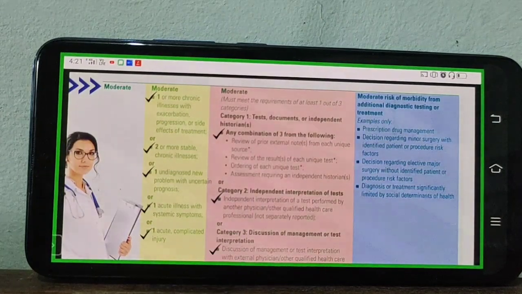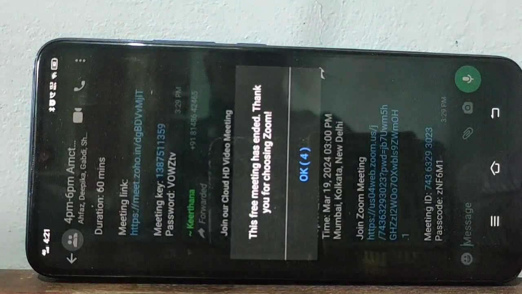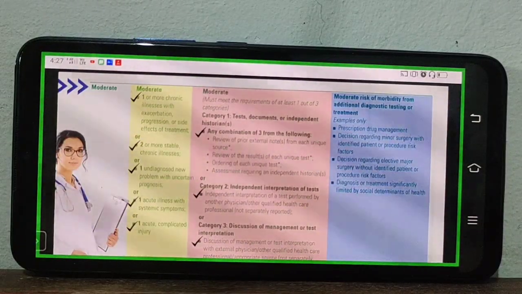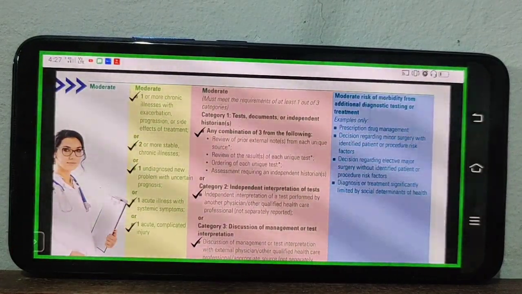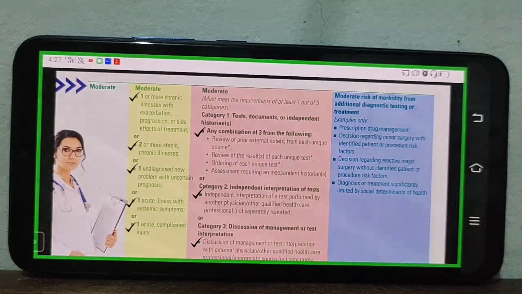First category 1. Check that there are 3 categories in moderate MDM. In those 3, I need any one category. Guys, check the category 1 of moderate. There are 4 points in category 1. Any combination of 3 points.